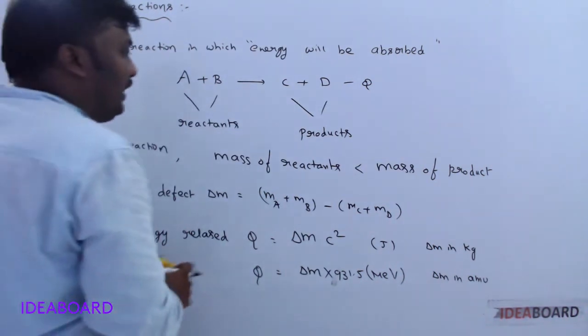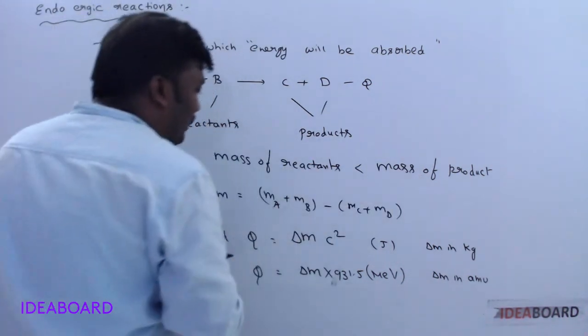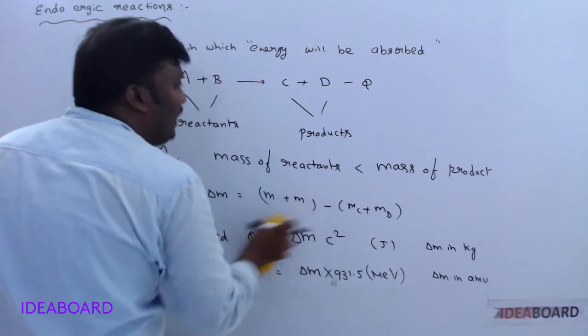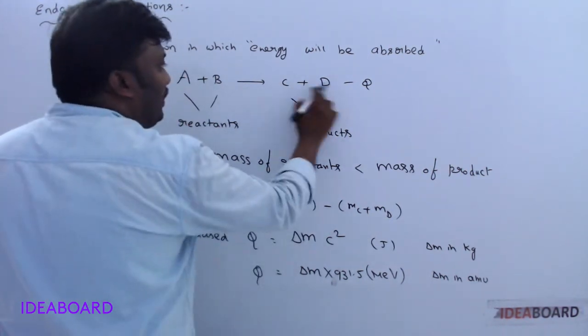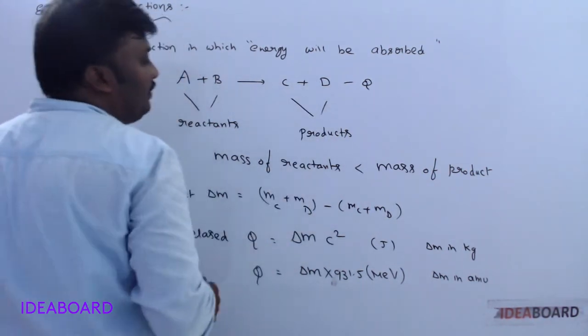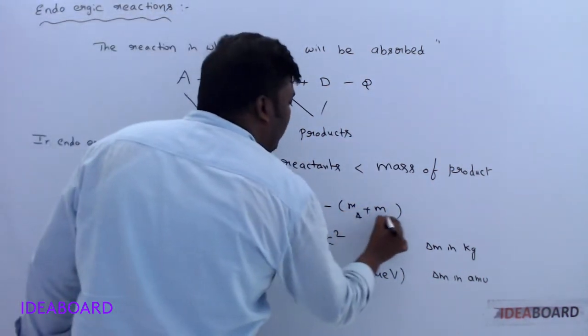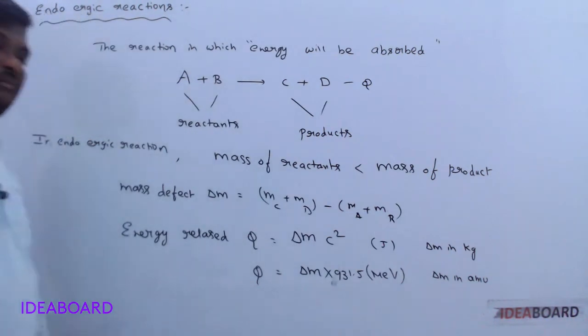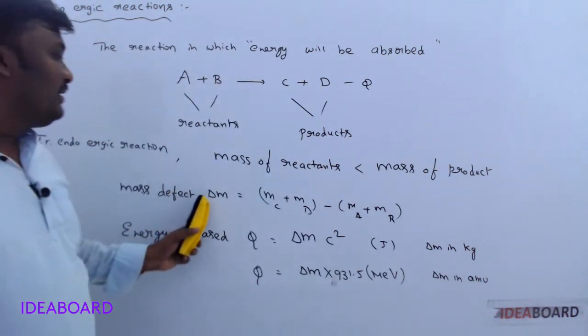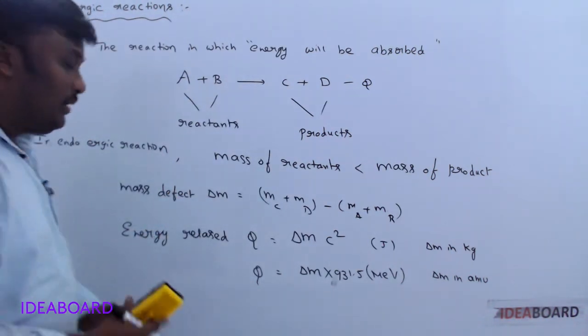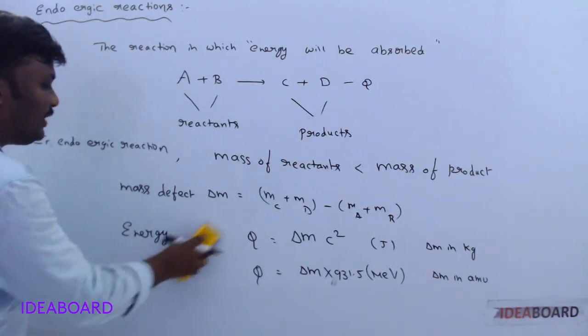In this case, products have more mass. That's why the mass defect formula becomes mass of C plus mass of D minus mass of A plus mass of B. After getting the mass defect, we can get the formula for the energy absorbed.